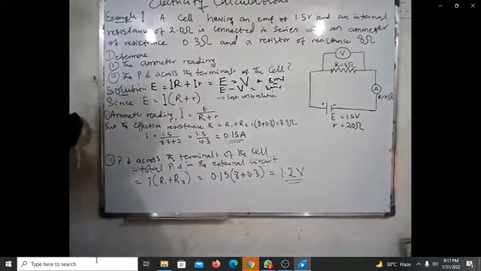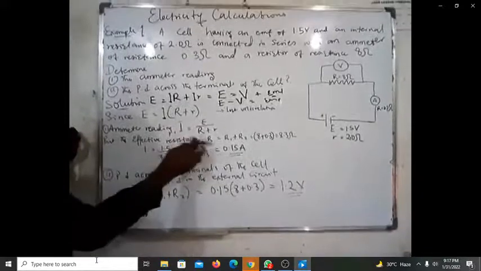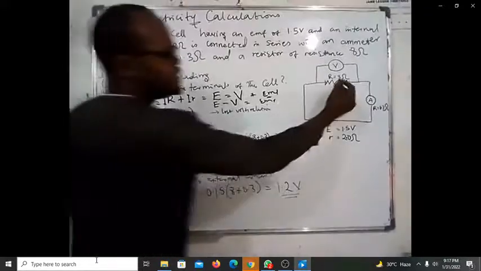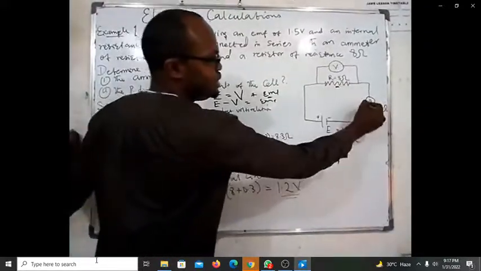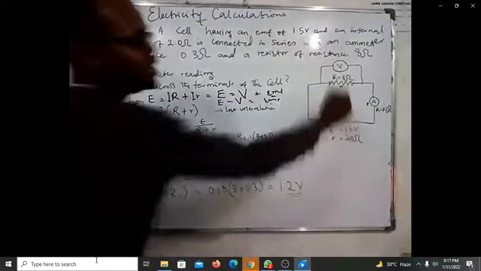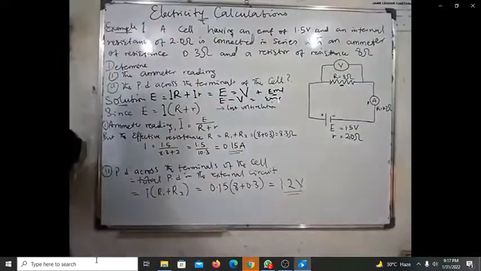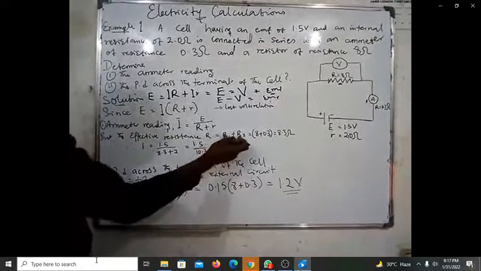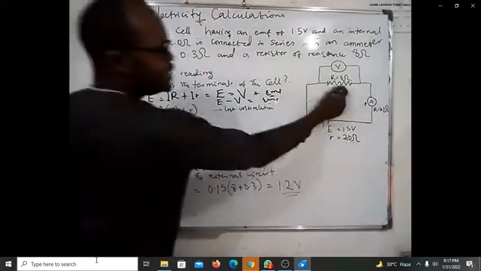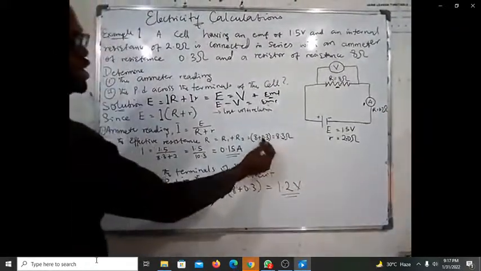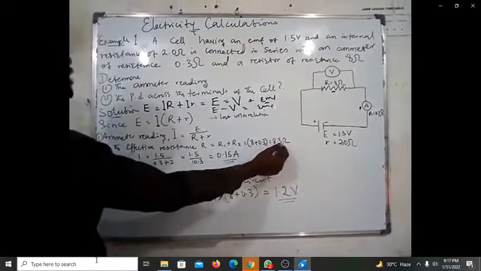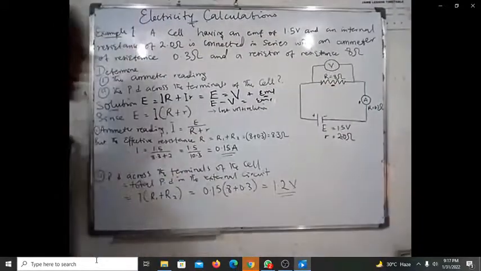Is that clear? For the effective resistance, you need to calculate the resistance here plus the resistance here, and they are connected in series. So you simply add them together: 8 plus 0.3, giving you 8.3. That is the effective resistance.